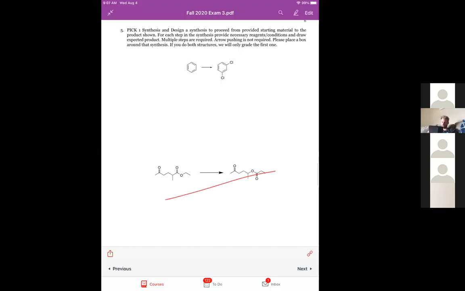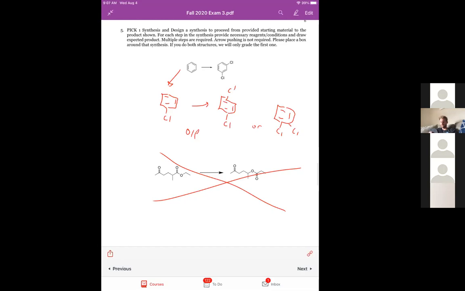So you can cross out this one. We didn't really go over these. The top one is much harder than it looks. The reason for that is if you chlorinate, you've got an ortho-para director, which means you can only really make this or this here.